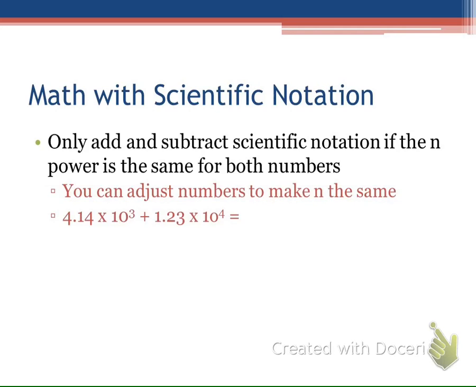Okay, so let's look at how we would need to adjust these. Go ahead and get this one written down, and we're going to talk through what we need to look at in order to change this to get those n values, those exponents, the same. Because right now they're different.